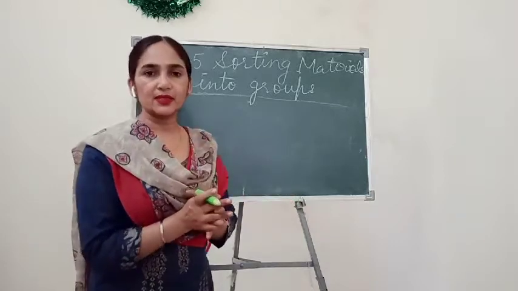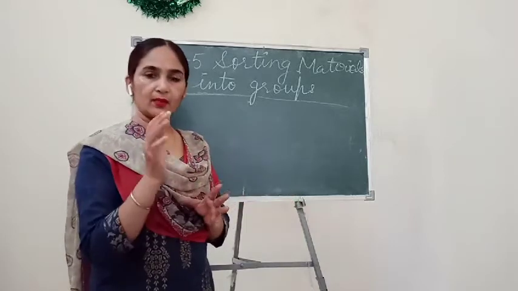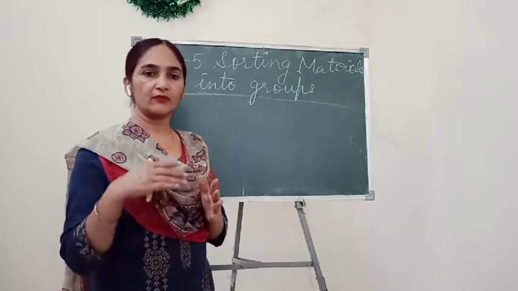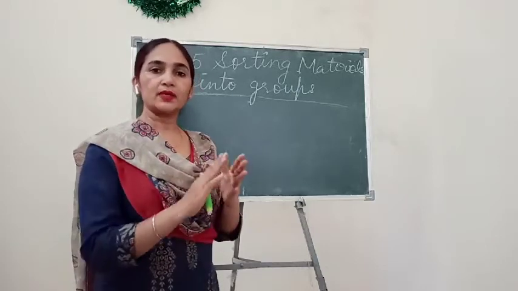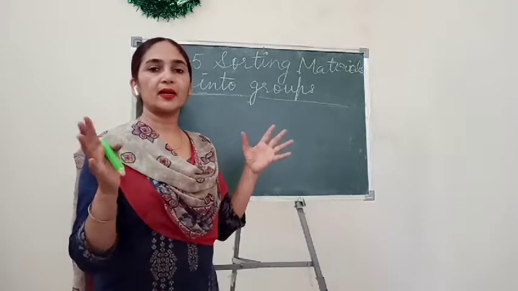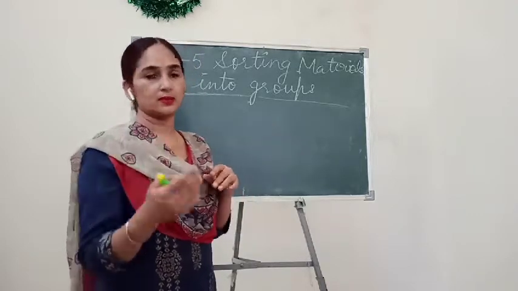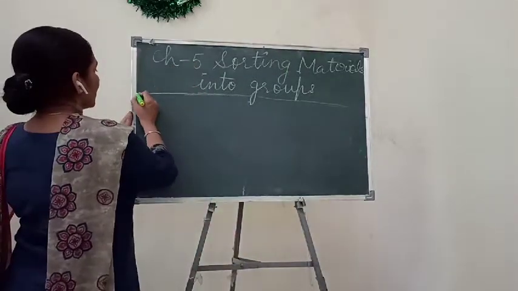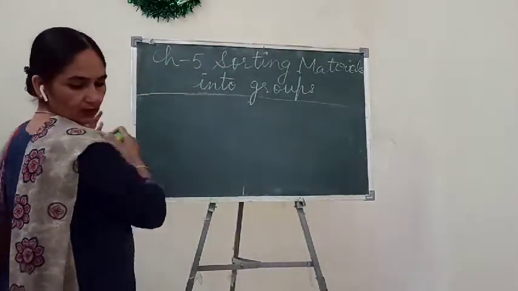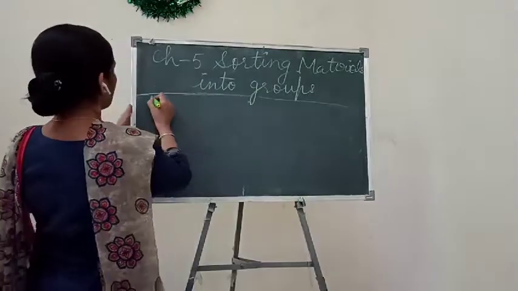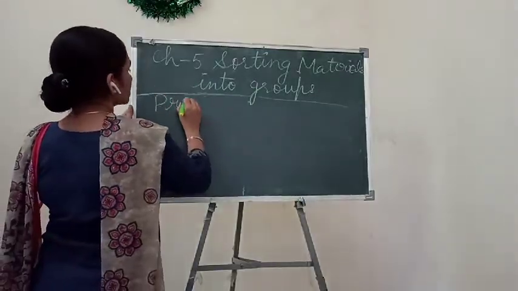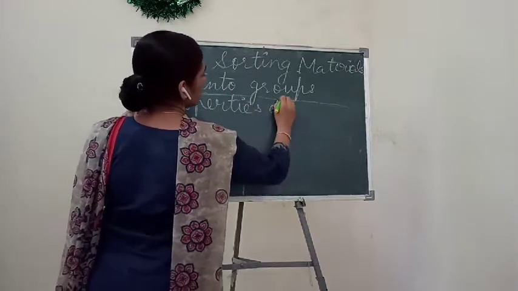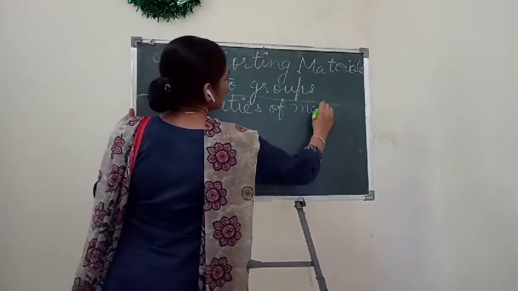Many characteristics or many properties are there which we are going to study. On the basis of that, we can separate out or sort the things into different categories. So what are these properties of materials? The heading which is given in your book, properties of materials.